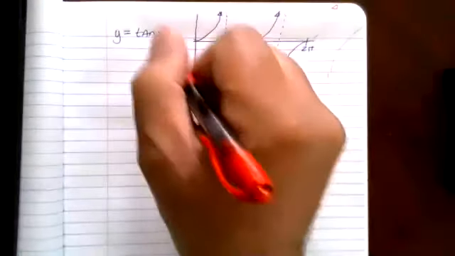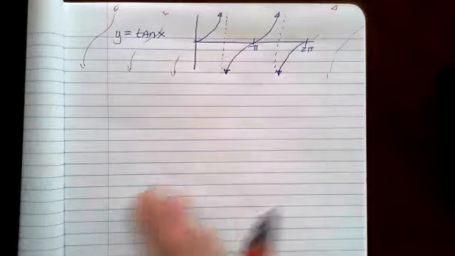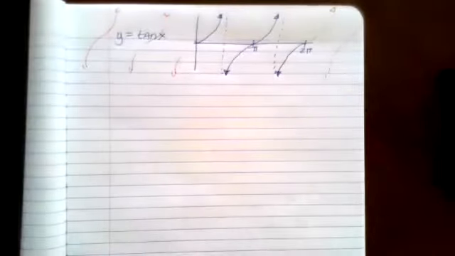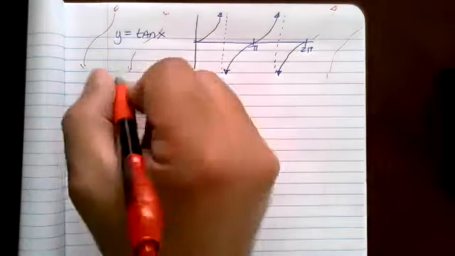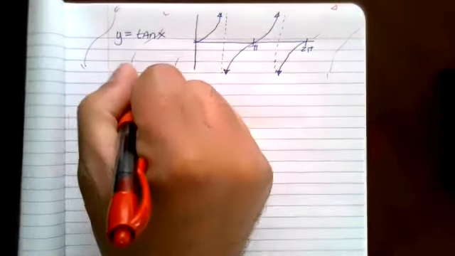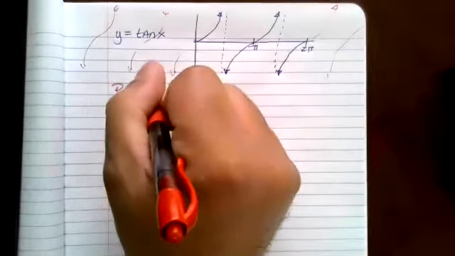We're going to have these weird looking waves to the left of 0 and to the right of 0, right? It would continue in both directions. Another thing that you want to note here is the period of tan, right?